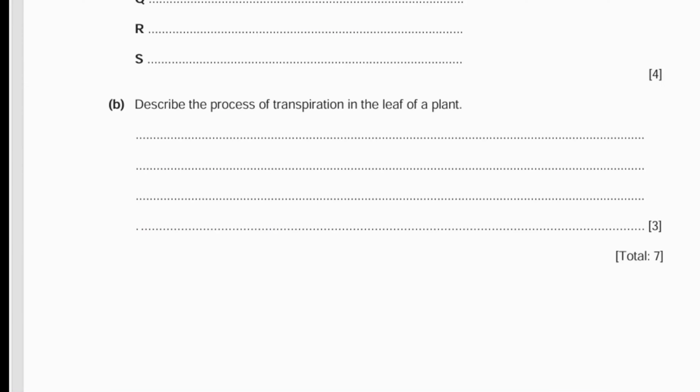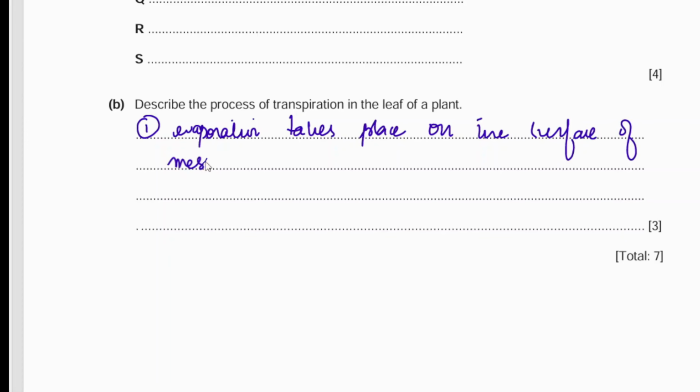Next one, describe the process of transpiration for 3 marks. Yes, from a surface, on the surface, evaporation. Then where does it diffuse?